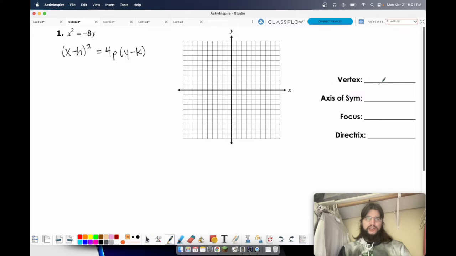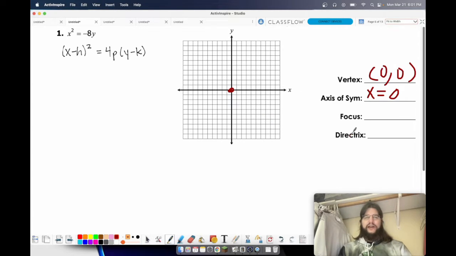That's 0, 0, right? That's my vertex. Well, the axis of symmetry, since it's vertical, is x equals the x coordinate of my vertex. It would be y equals the y coordinate if it was a horizontal parabola.